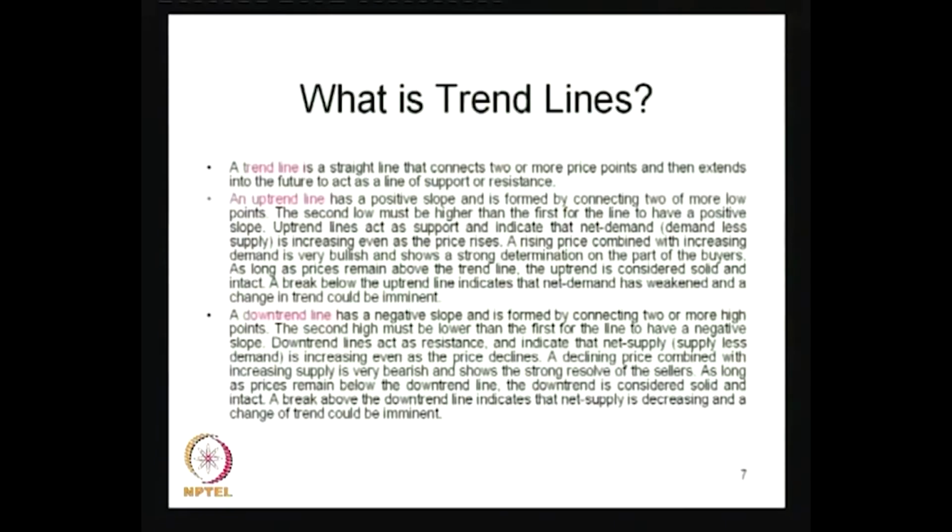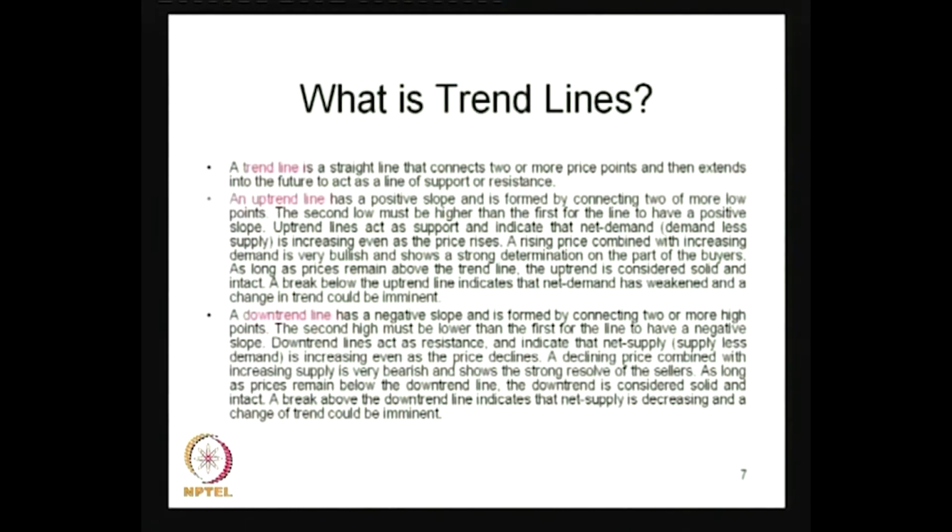The second low must be higher than the first, which shows the trend, so the line has a positive slope. Uptrend lines act as support and indicate that net demand, demand less supply, is increasing even as the price rises.